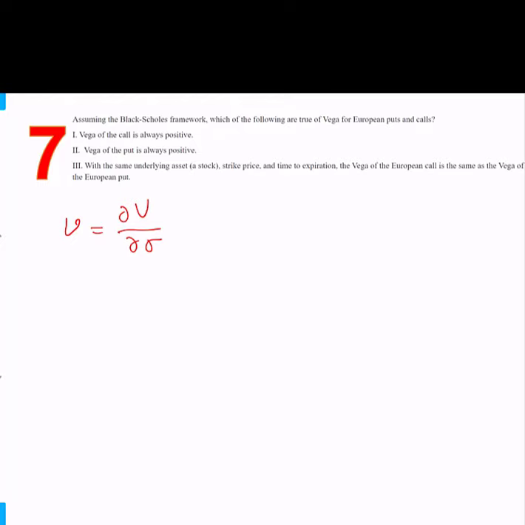So Vega is always positive. Vega of the put is always positive.